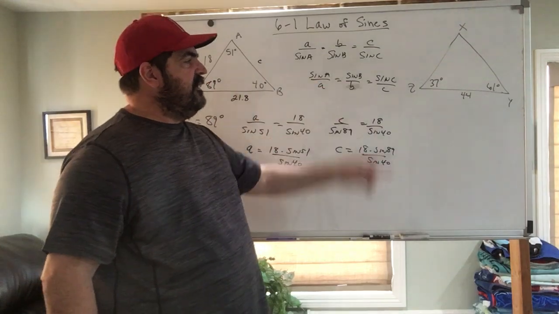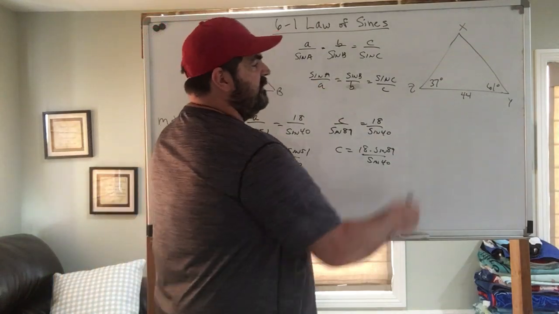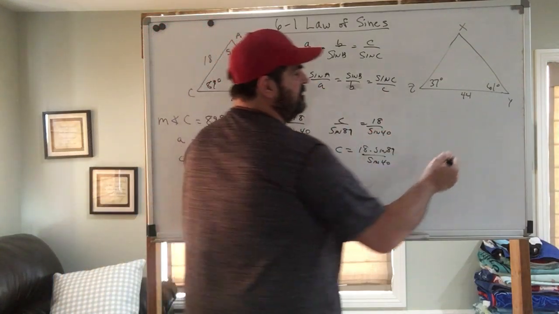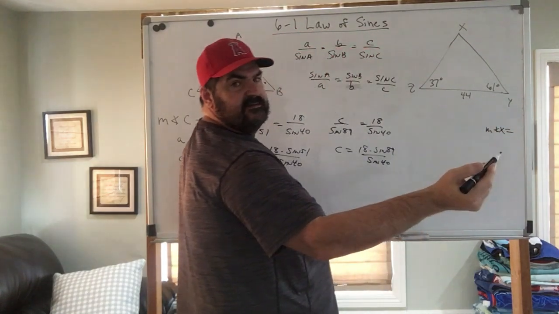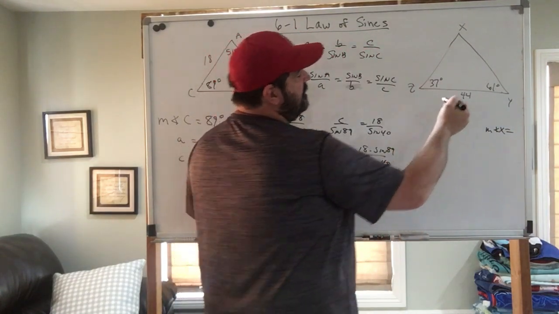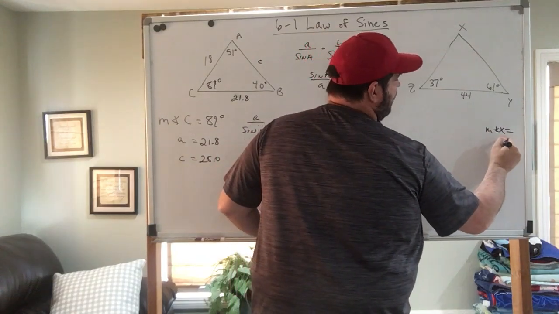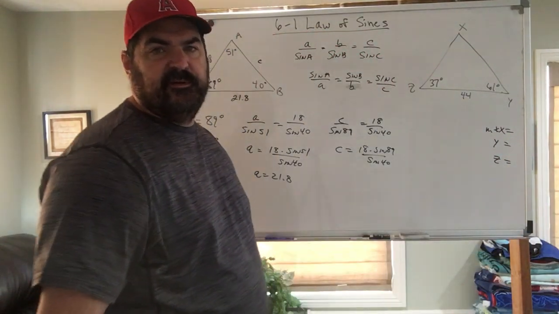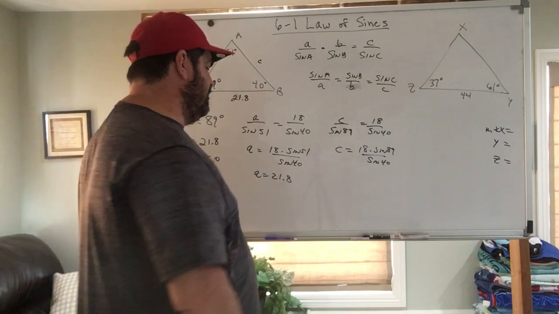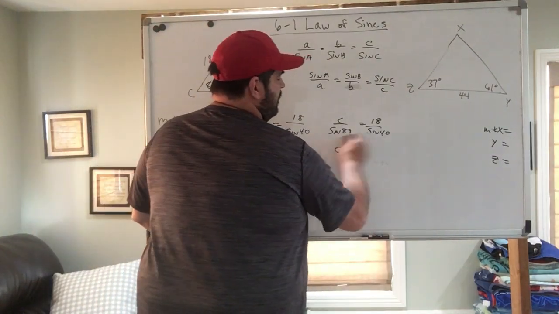All right, so let's go ahead and do this guy right here. Now I just changed the letters around to X, Y, and Z. So we're missing angle X, and we're missing side Y and side Z. Those are all the ones that are missing.